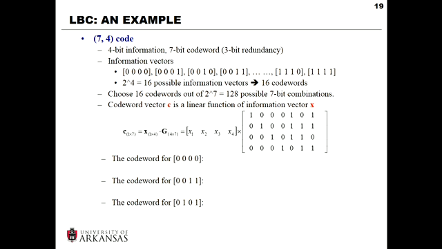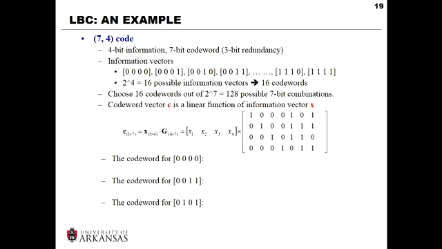So the design of a linear block code essentially boils down to this problem: we have 128 possibilities, but we only need 16 out of these 128. So how do we pick the 16 code words out of these 128 possible code sequences?